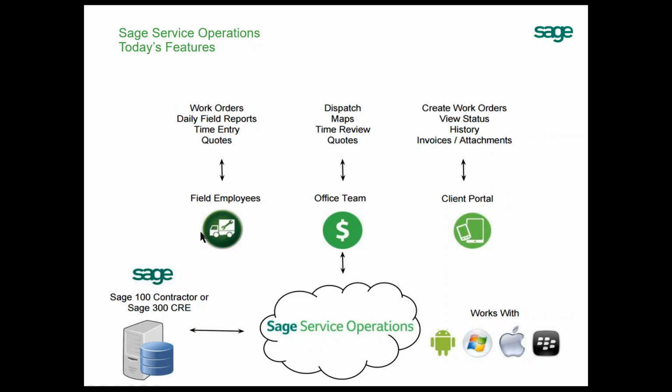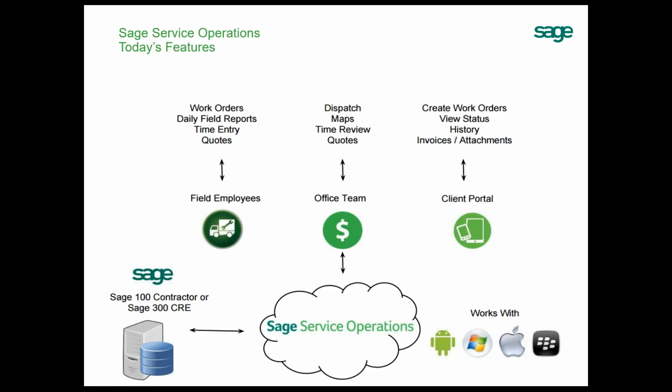For field employees, there are a few features that are used on a regular basis. First off, work orders. If you're working on smaller projects, time and material work, or a small quota job, you might use work orders for those quick jobs. We also have daily field reports and time entry.